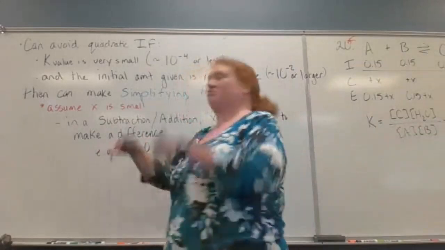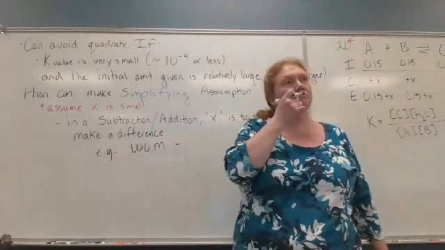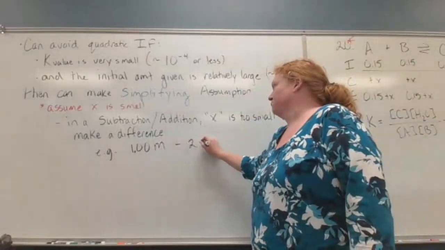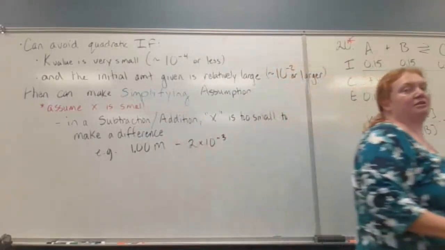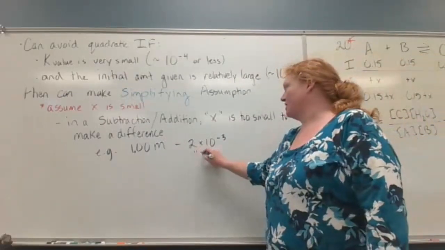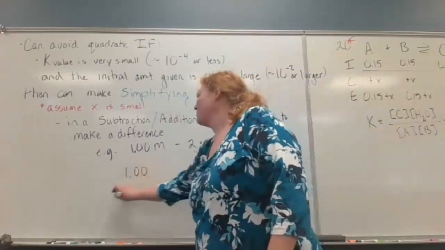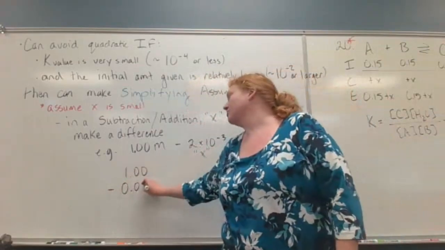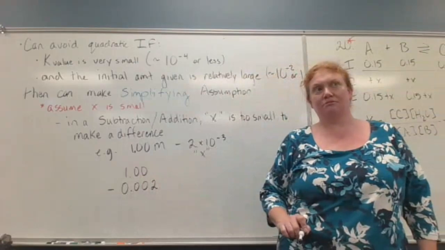Here's an initial. If I had 1 molar, and I subtract 2 times 10 to the negative third, let's say that was my X. What am I doing? 1.00 minus 0.002, right?